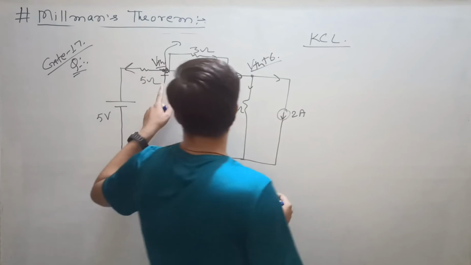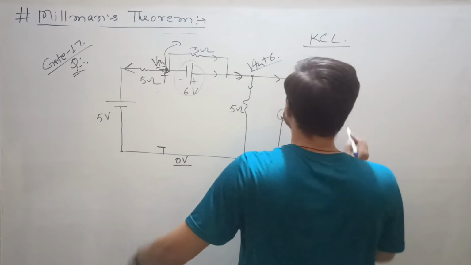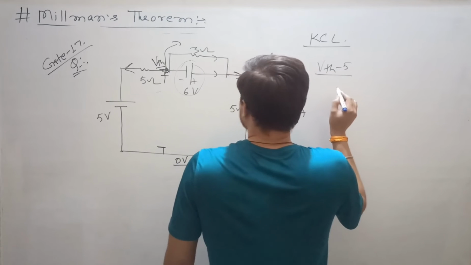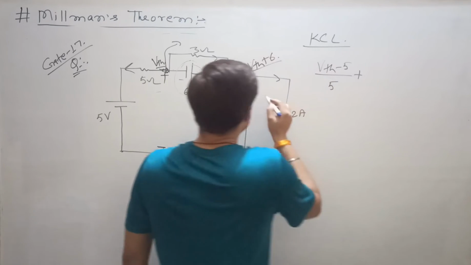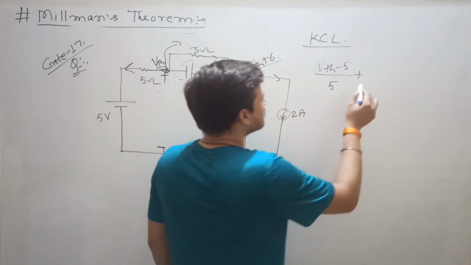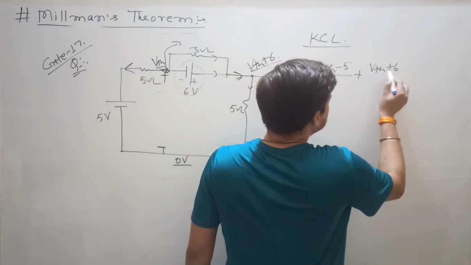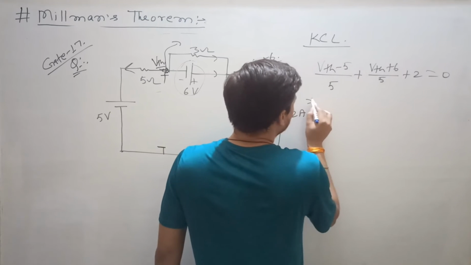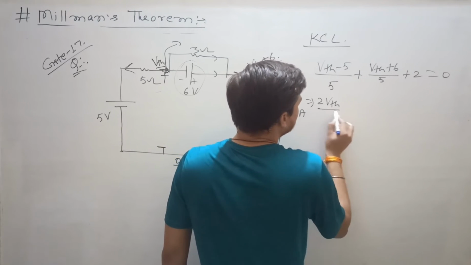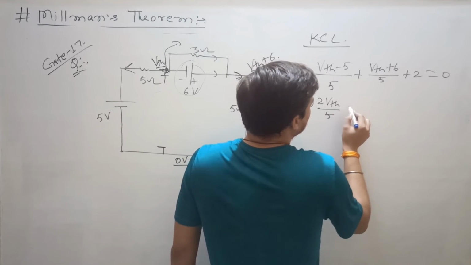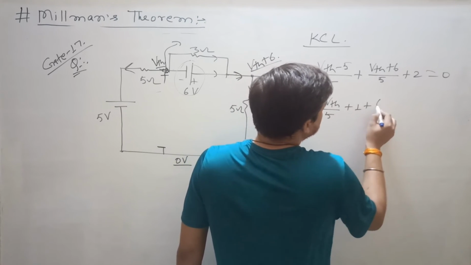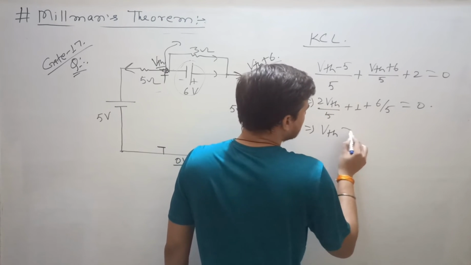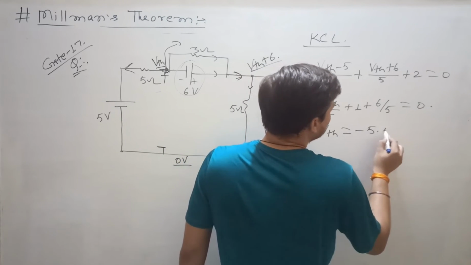If you are applying KCL, here it will be VTH minus 5 divided by 5, plus VTH plus 6 by 5, plus 2 will be equal to 0. From here 2 VTH by 5 plus 1 plus 6 by 5 will be equal to 0. From here you write VTH will be equal to minus 5.5 volt.